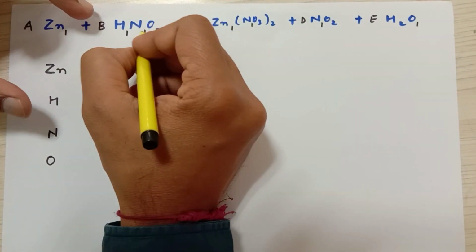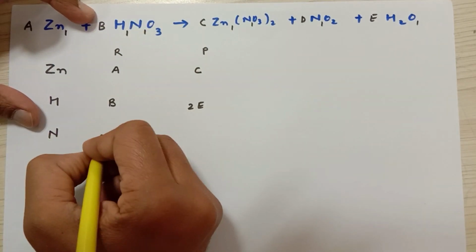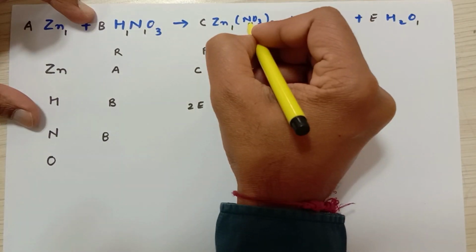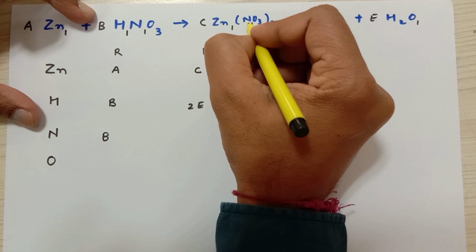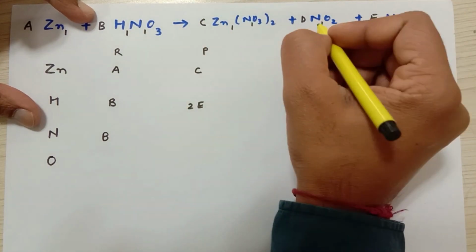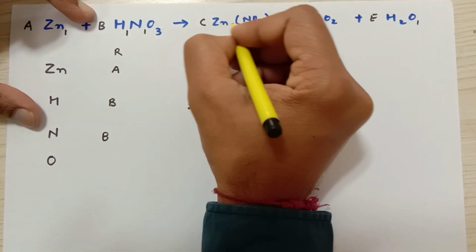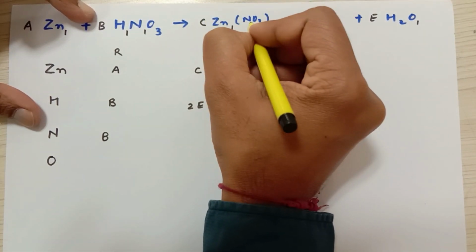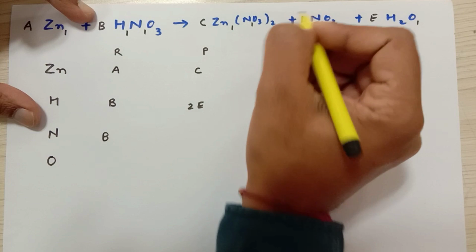Then here nitrogen is B into 1, which is B. Here nitrogen, 2 ones are 2, and 2 into C is 2C. So here nitrogen is 2C plus D. Nitrogen is 1, 2s are 2, 2C, and plus D.